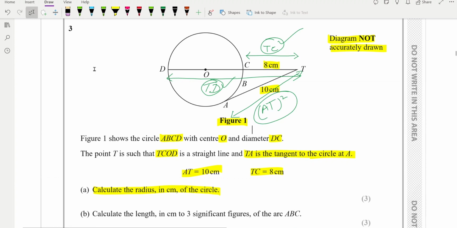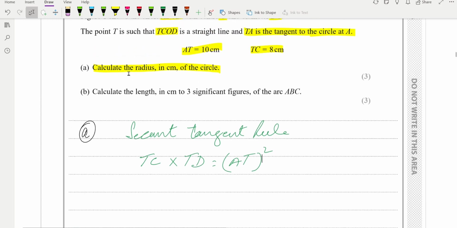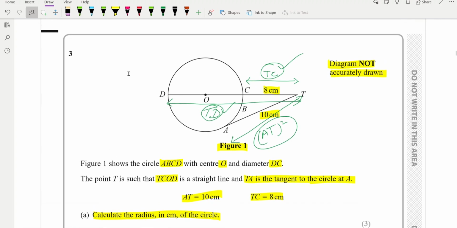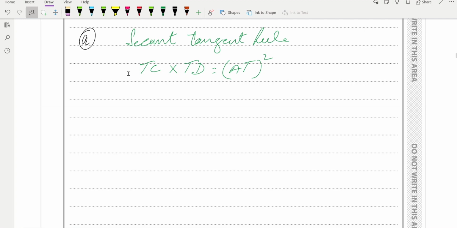Hopefully you understood this. I will write this statement also. TC multiplied by TD is equal to AT square. This is known as the secant rule. Now if we apply the secant rule, TC measurement is provided, which is 8, and AT is also provided, which is 10. So we can write here 8 and here 10 squared.